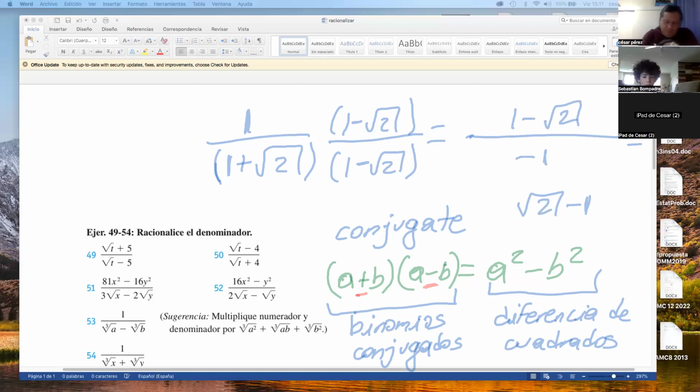Well, this procedure, este procedimiento, is called rationalize. In Spanish, it is racionalizar.